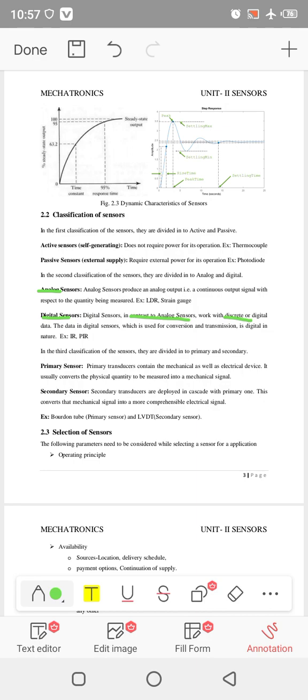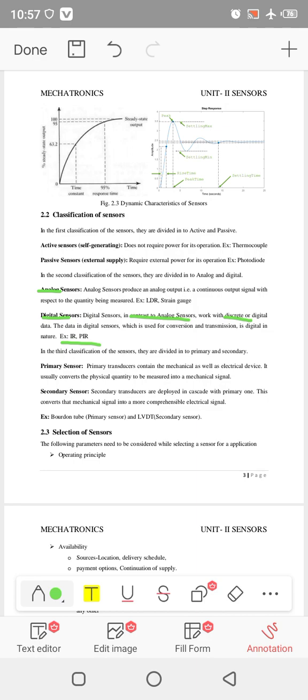The digital one, in contrast to analog, works with discrete or digital data. The data in a digital sensor, which is used for conversion and transmission, is digital in nature. Both of these are IR and PIR sensors. Another type is the analog sensor, LDR and strain gauge.